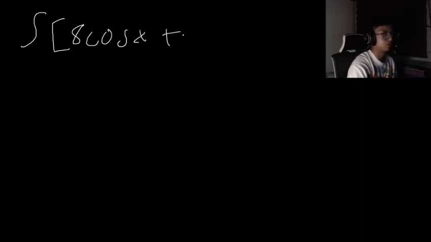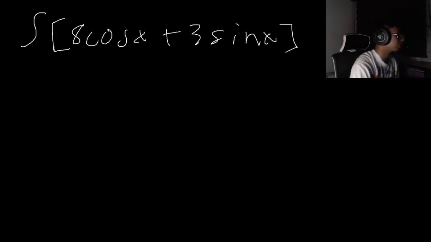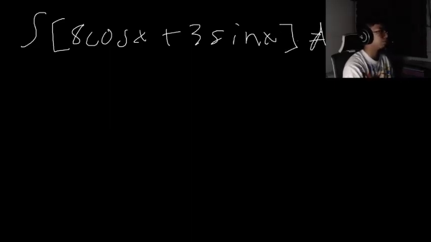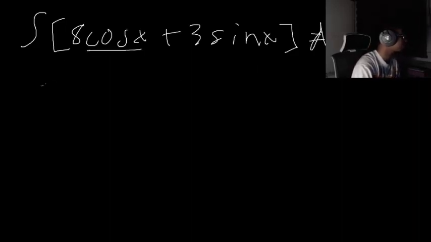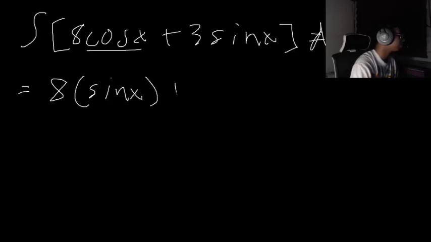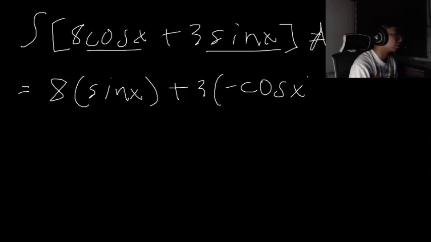So let's say the antiderivative of 8 cosine x plus 3 sine x dx is equal to, first we take the antiderivative of cosine x, which is equal to 8 times sine x, plus the antiderivative of 3 sine x, which is negative cosine x.